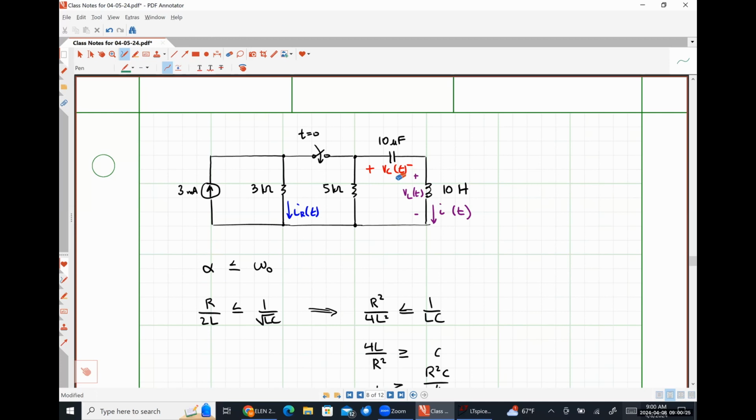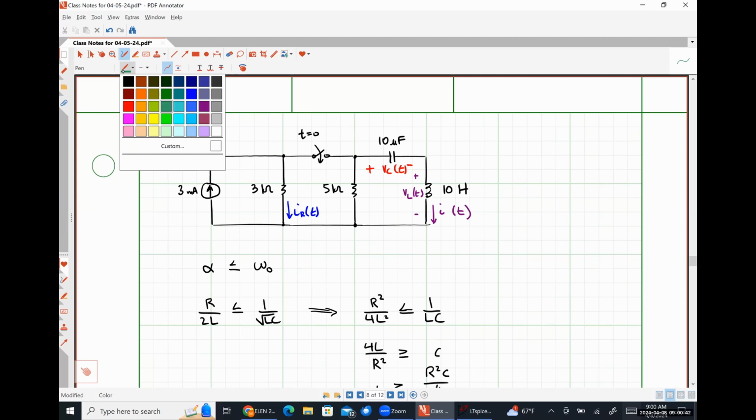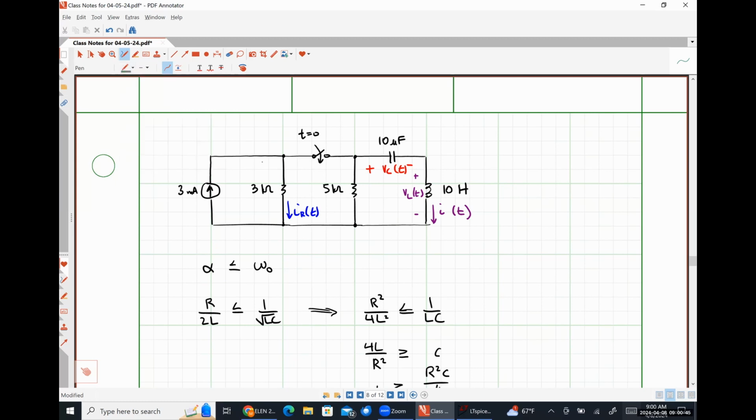In order for me to figure out the current flowing through that resistor, it's either going to involve the application of Kirchhoff's current law or Kirchhoff's voltage law based on other quantities that I can find. For example, I know that this current flowing in is 3 milliamps, and I know that this current flowing out of this node over here is just I of t.